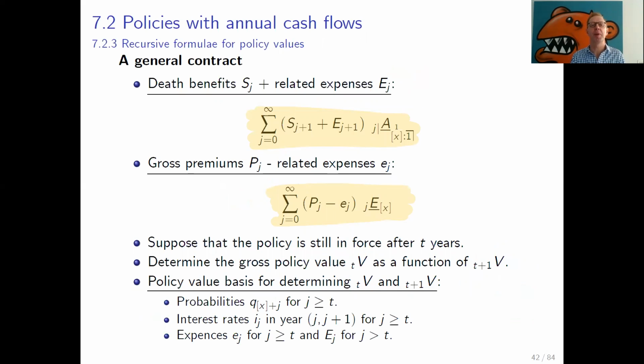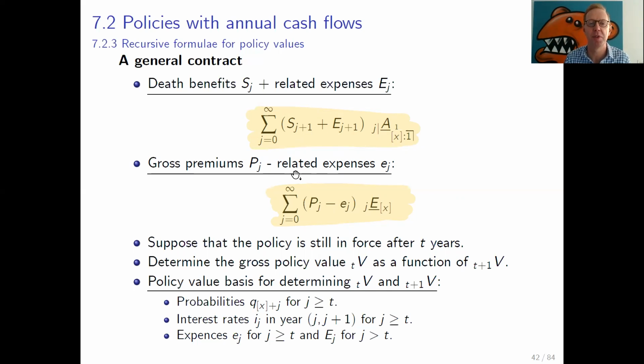Let us now have a look at a recursive formula for policy values, where we consider a fairly general contract. Let us assume that the death benefits Sj and the related expenses Ej are defined as follows. If the insured aged x dies in the year j+1, at the end of that year, there will be a payment Sj+1, and there is an expense Ej+1.